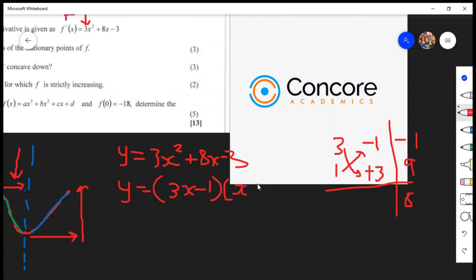Okay, so the x values of our intercepts are x is equal to 1 over 3 or x is equal to negative 3.